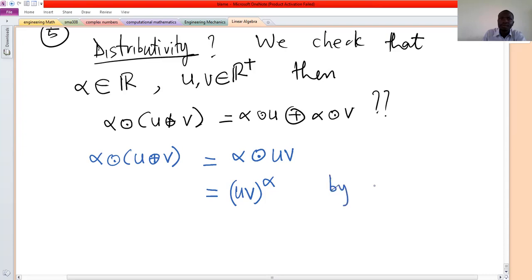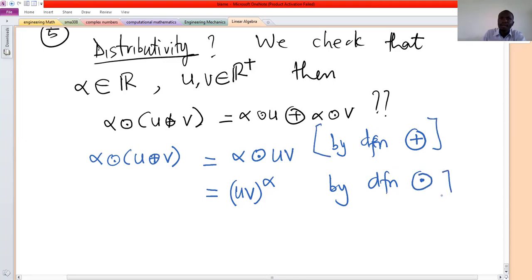This is by definition, and this also by definition: definition of addition in R plus, and this definition of multiplication in R plus. So, remember u and v are just positive real numbers. So when you raise uv to power alpha, it's the same as u raised to power alpha, v raised to power alpha. Law of indices.